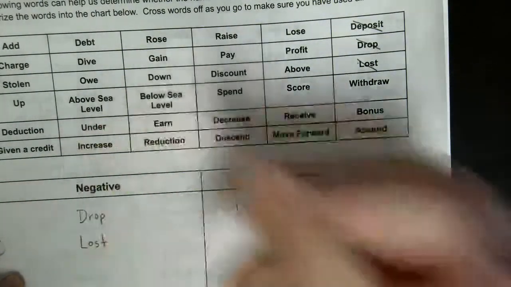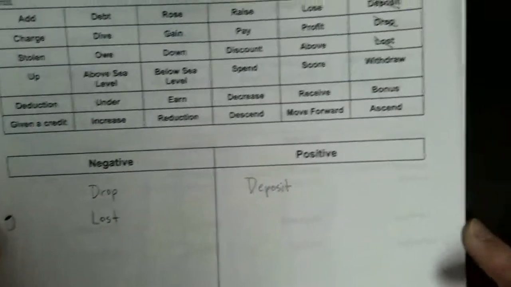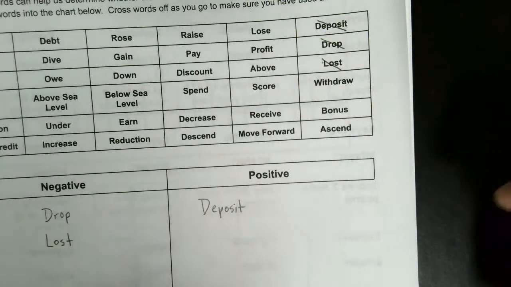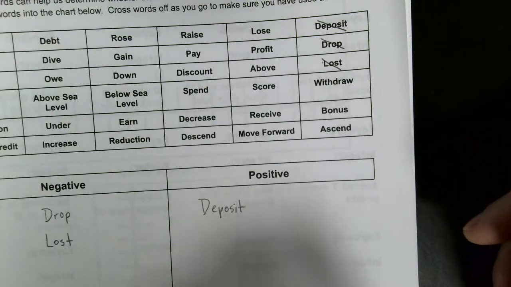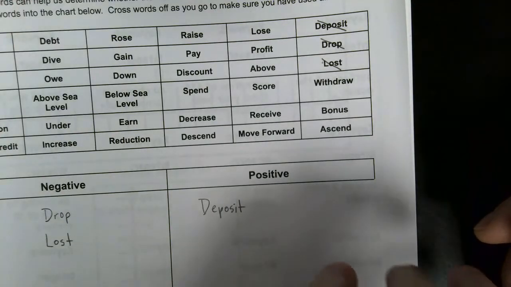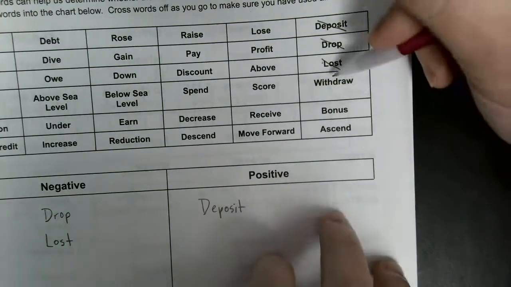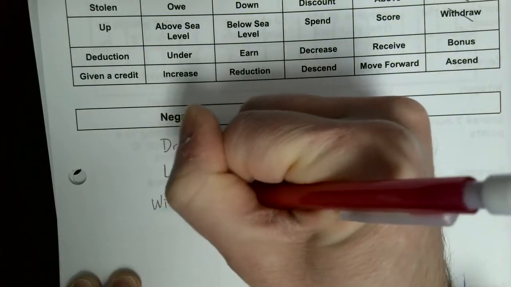You can use a negative number to show a loss or something is lost. All right, next one. And this is another bank word, withdraw. If you withdraw money, you're taking it out of the bank account. So thinking about the bank account, your bank account decreases. So a withdraw could be represented with a negative number.